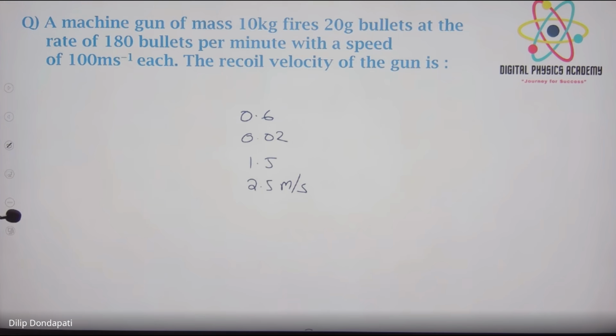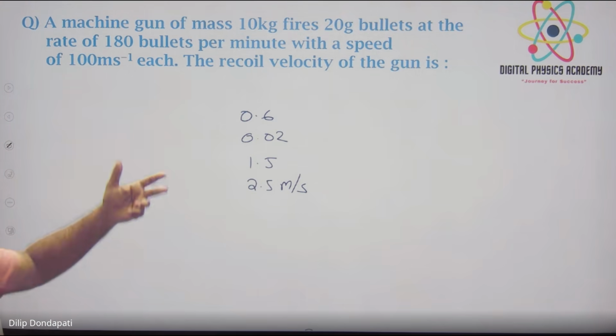A gun of this much mass fires bullets of 20 grams at a rate of this much. That means N is given per second, with the speed also given. Find the recoil velocity of the gun.